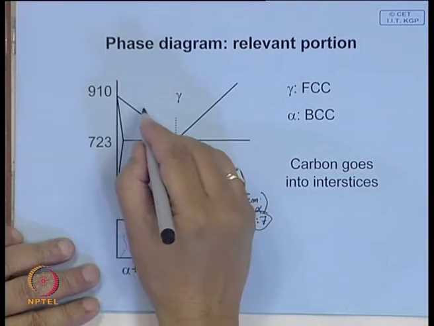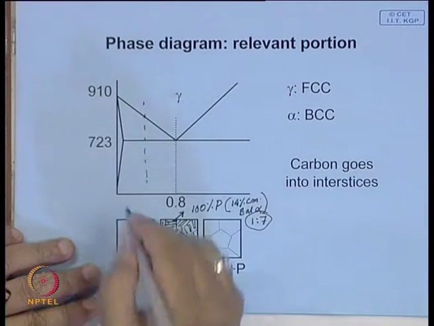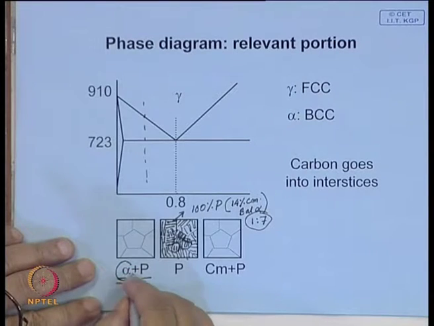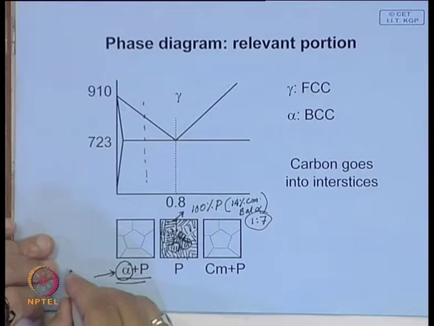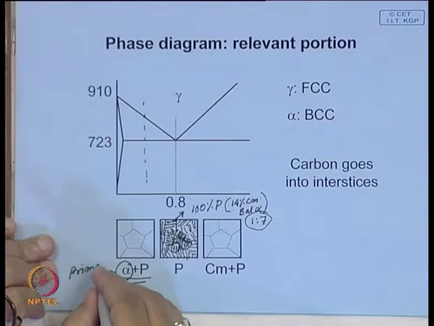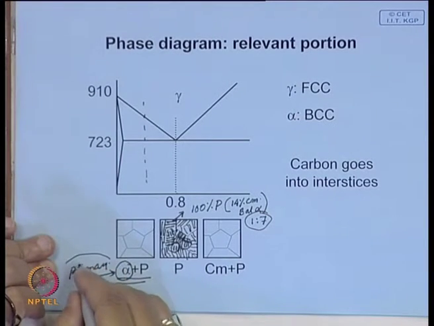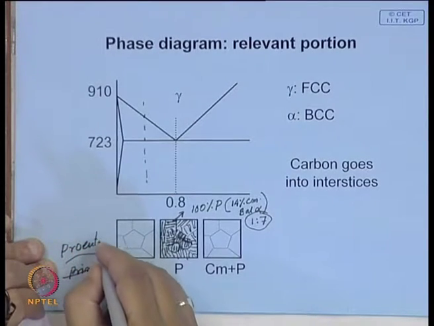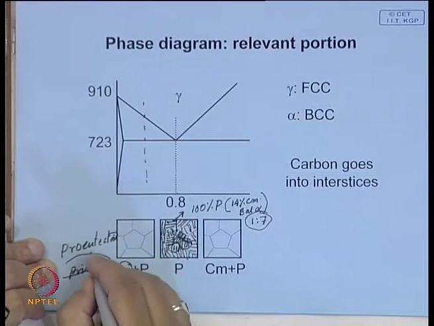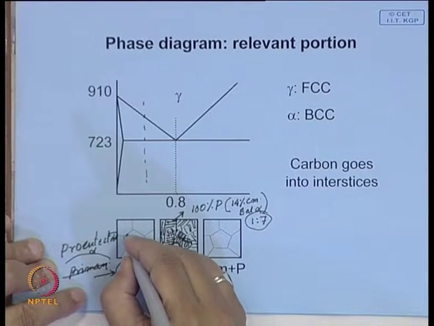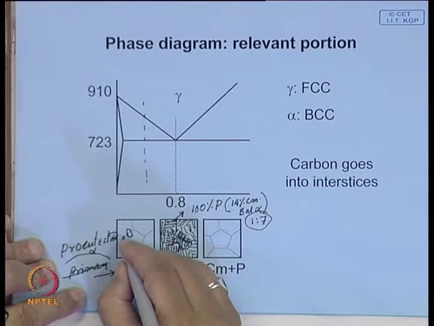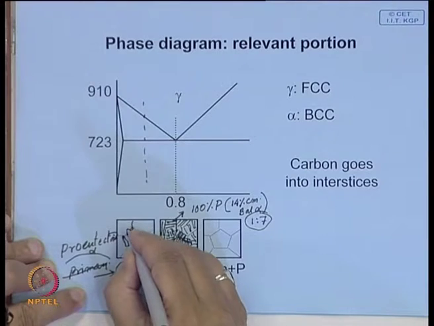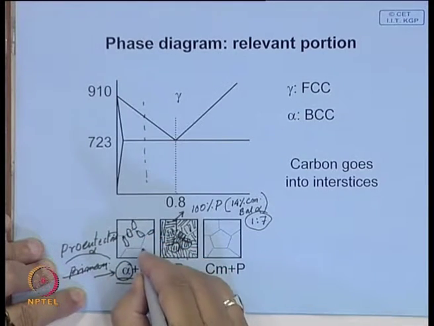Whereas, if you have a steel on this side, which is known as hypoeutectoid steel, the structure will have some primary, or we will say proeutectoid, ferrite. Ferrite which precipitates initially may form on the grain boundary, and they grow.